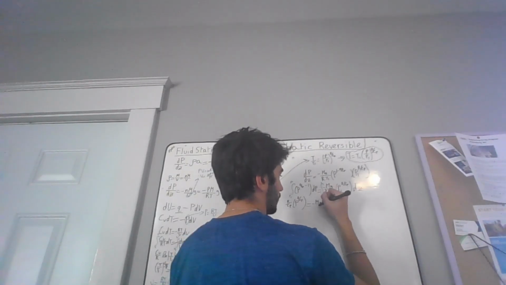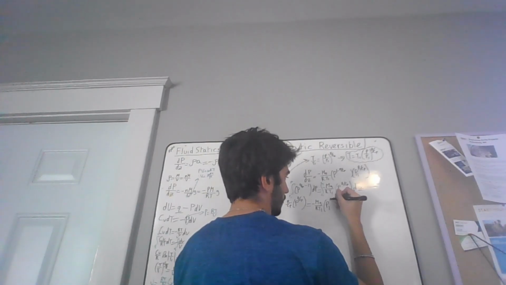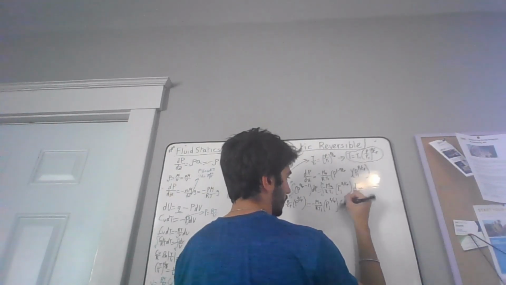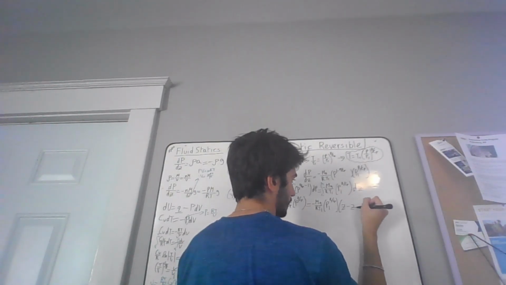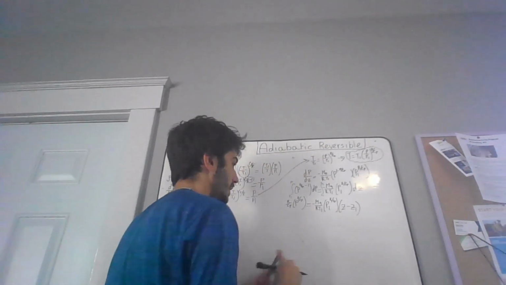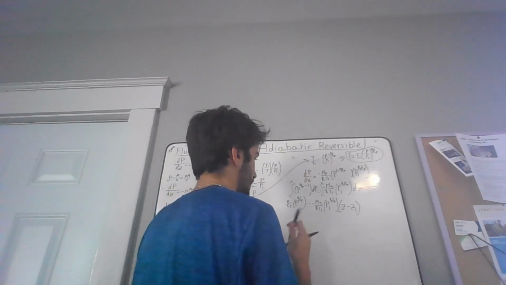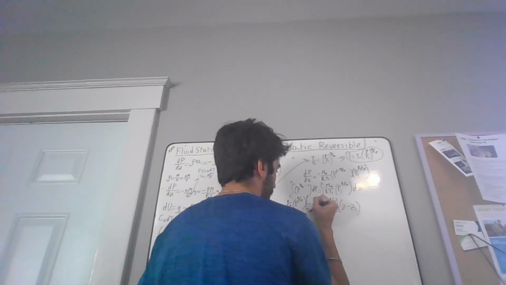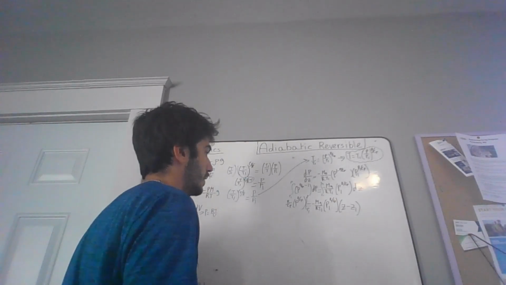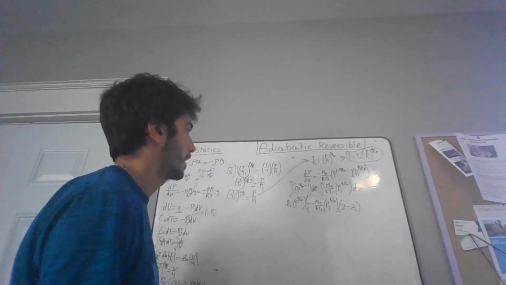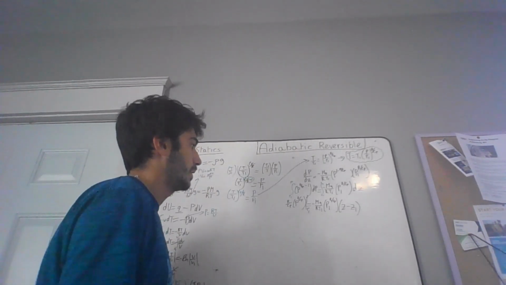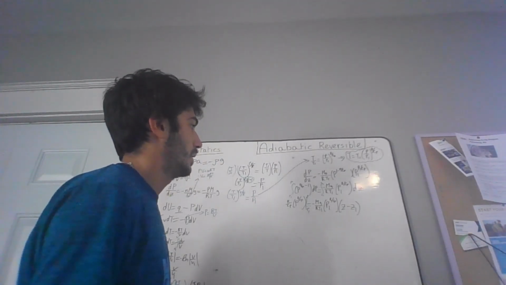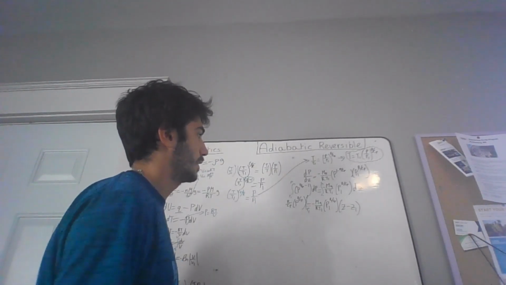So get that out: RT1, P1, RCP multiplied by Z minus Z1. And then, of course, this is from P to P1, or P1 to P. Okay, starting to look good.